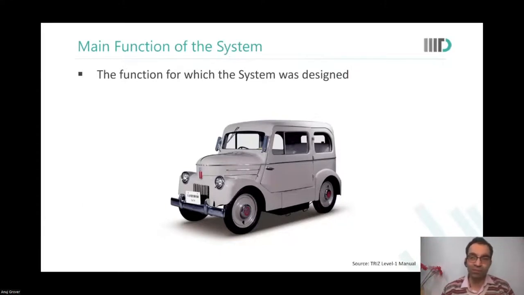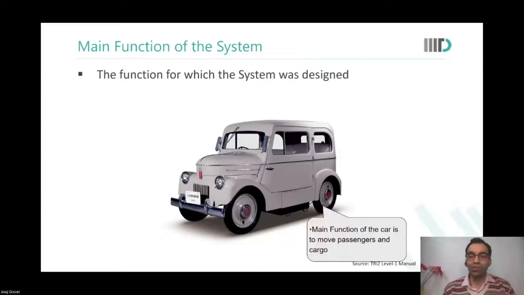To move from one place to another. To move itself. People. Yes, transport people. So the main function of the car is to move passengers and cargo. The car moves passengers and cargo. You can also load luggage into it and it would move luggage also, right?